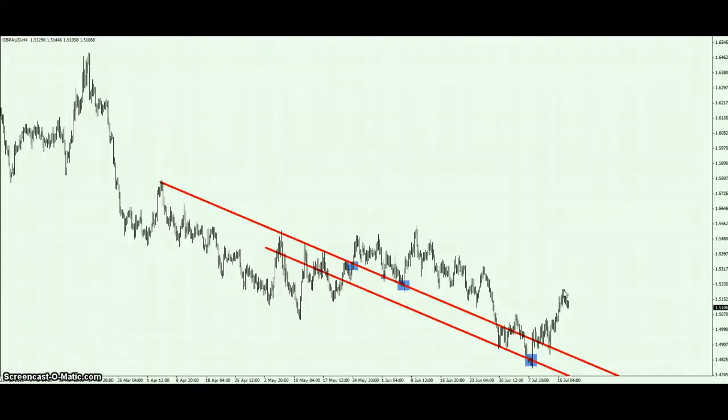So if the price were ever to pull back again, we would be looking at that area, and looking certainly for a bounce off of that trend line.